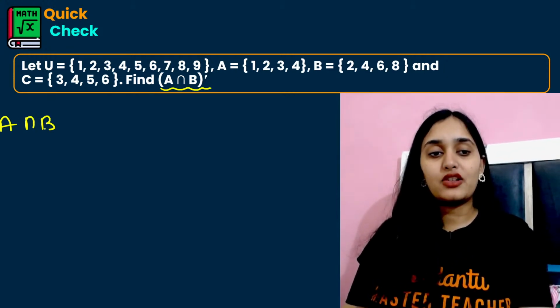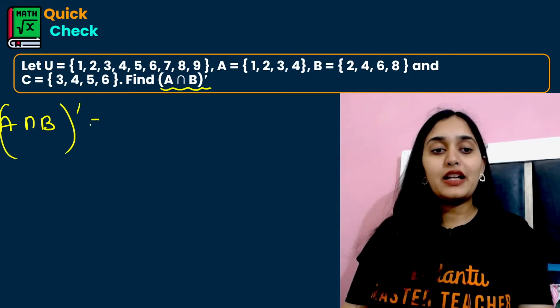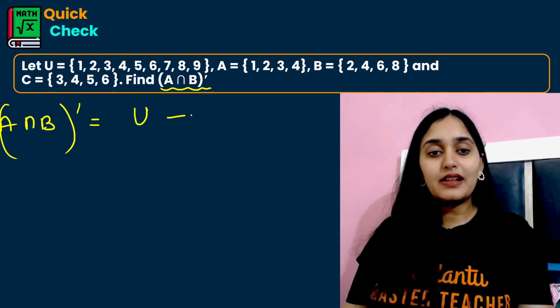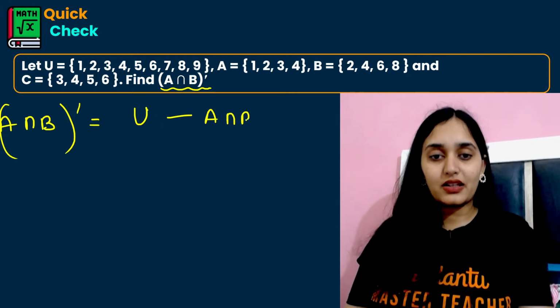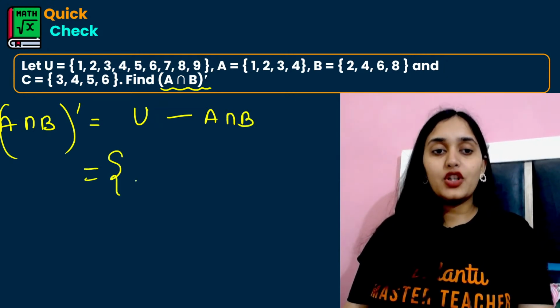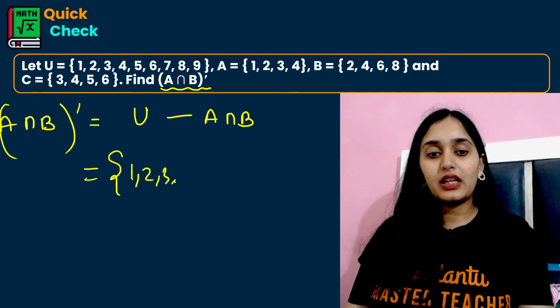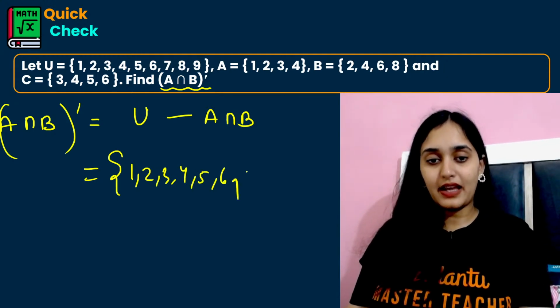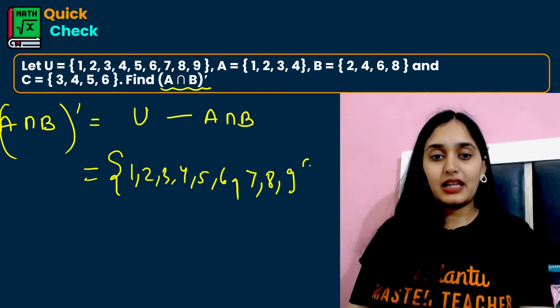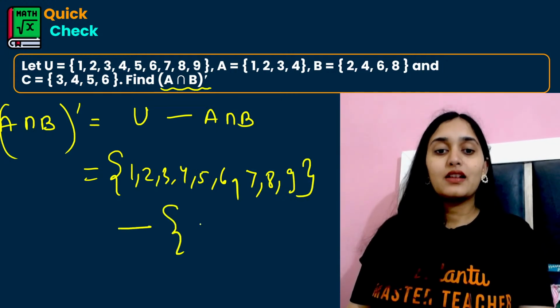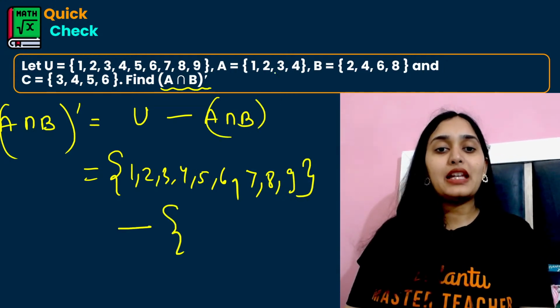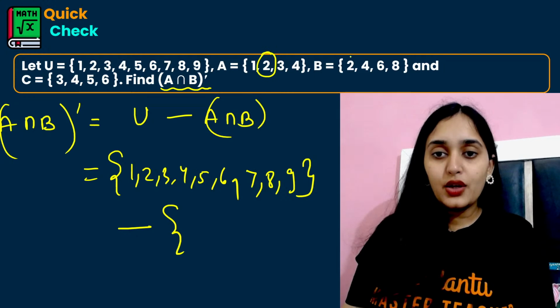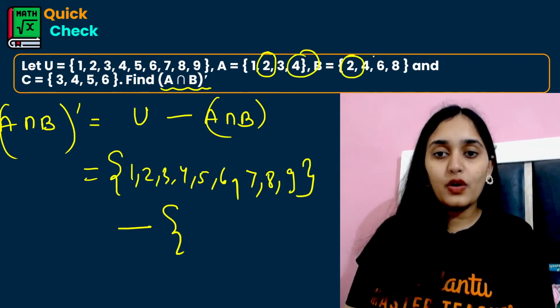A intersection B complement will be again universal set minus A intersection B. So, we have universal set 1, 2, 3, 4, 5, 6, 7, 8, 9 minus what is common in A and B? Let's find out. 2 is common, 4 is common.